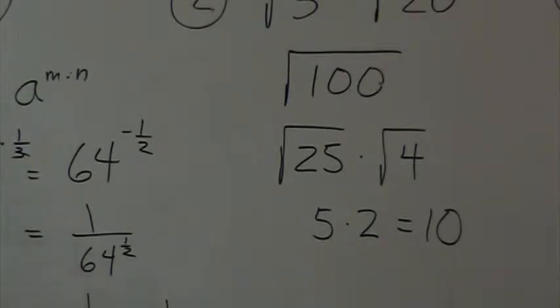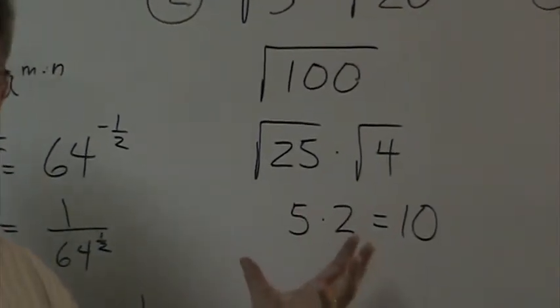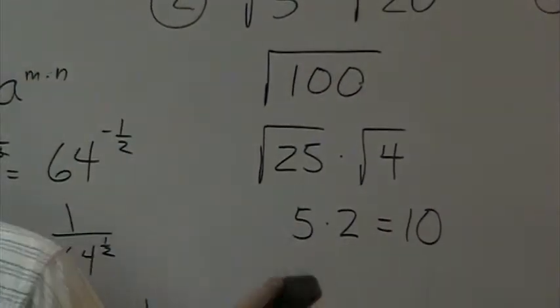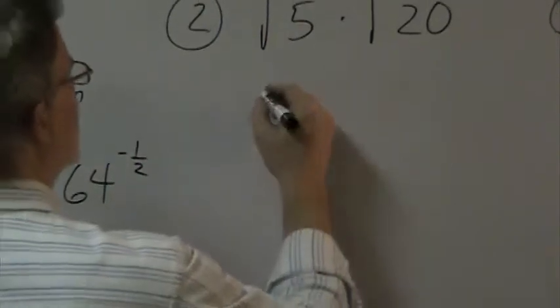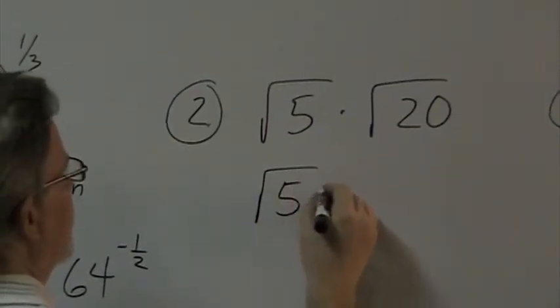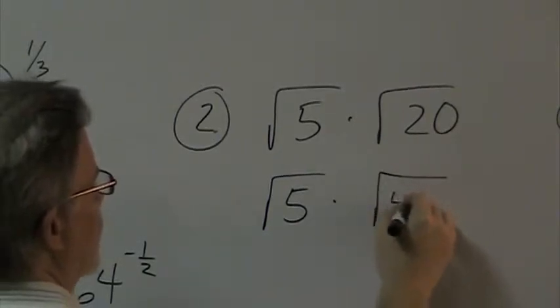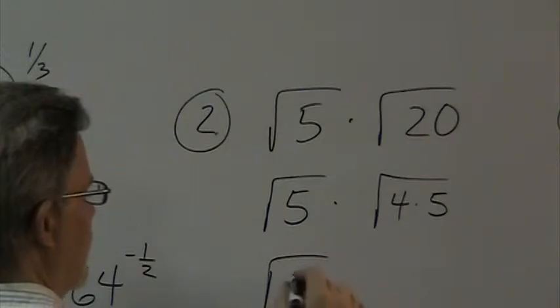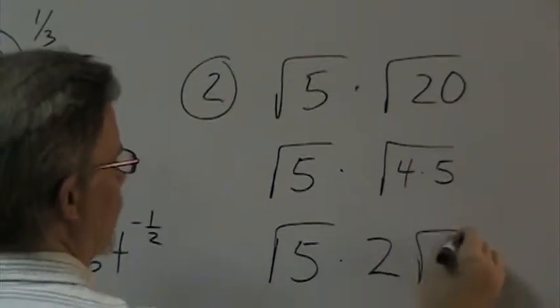But what if we wanted to solve this a slightly different way? Maybe it'd be more fun to solve it in a different way. So let me erase this, and let's break down the 20 instead. So we could also write this as the square root of 5 times the square root of 4 times 5, which becomes the square root of 5 times 2, pulling the 4 out, square root of 5.